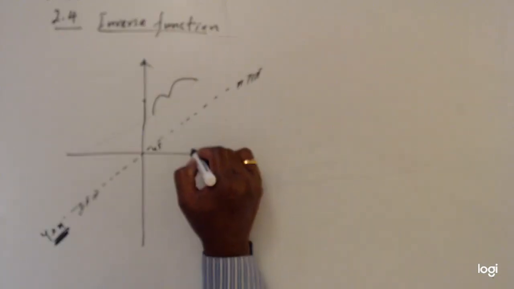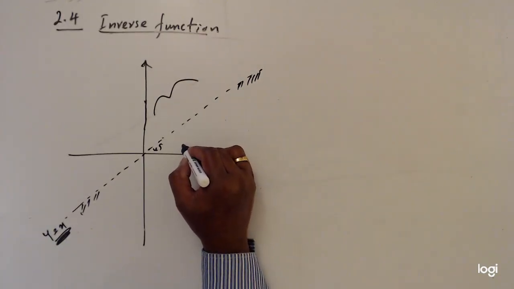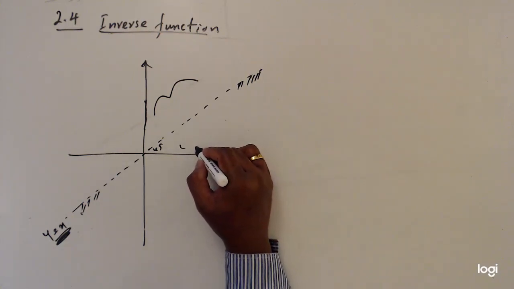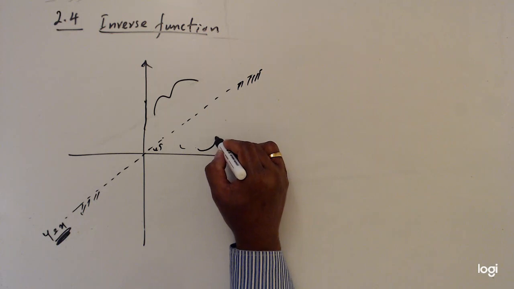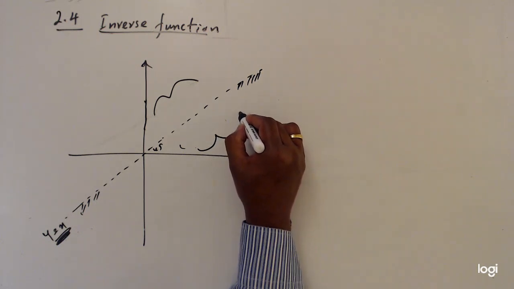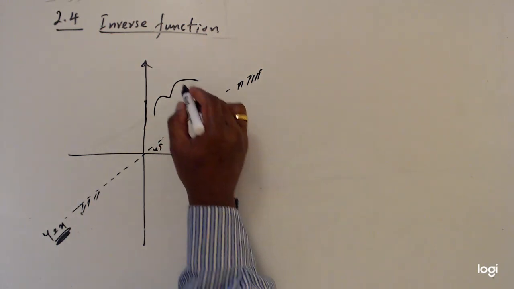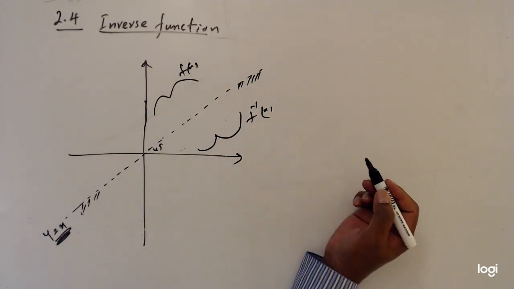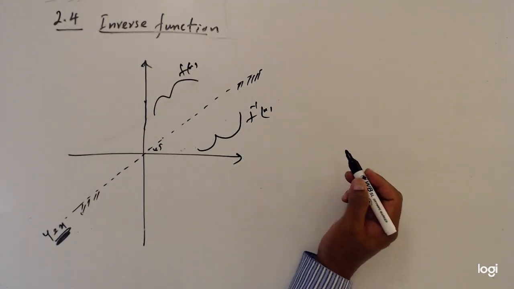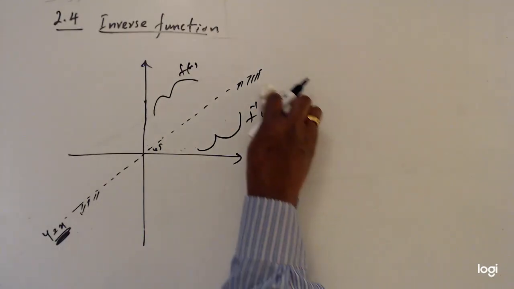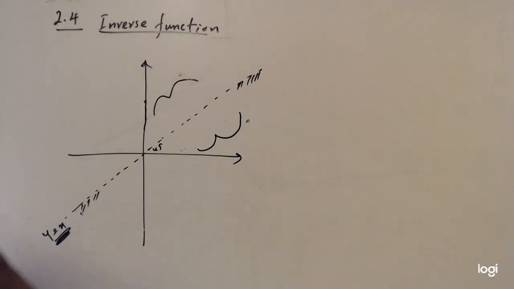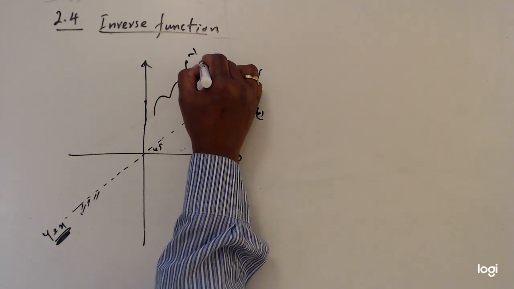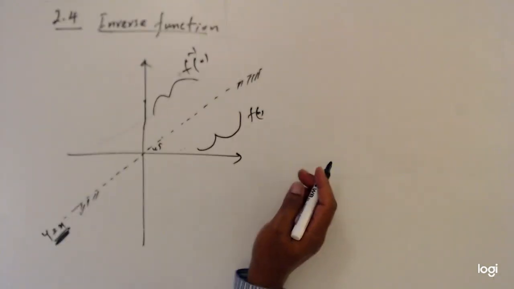If you look at the reflection, that is the inverse function. So if this is f(x), this is the inverse function of x, a mirror reflection.